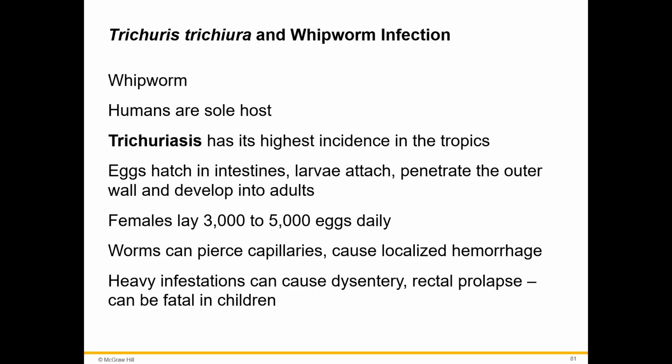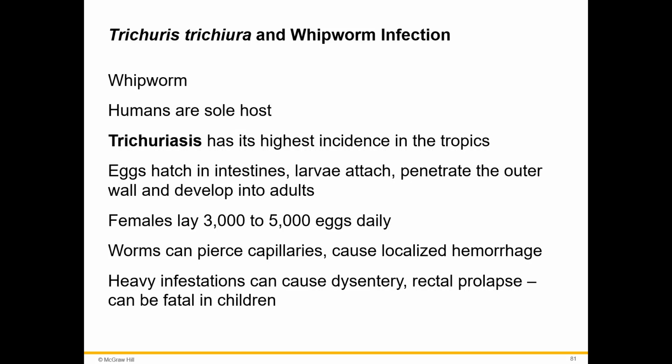And so basically, the eggs, they hatch in the intestine. The larvae will then attach, and then, right, they'll penetrate the outer wall and develop into adults. Poor fellows with this.